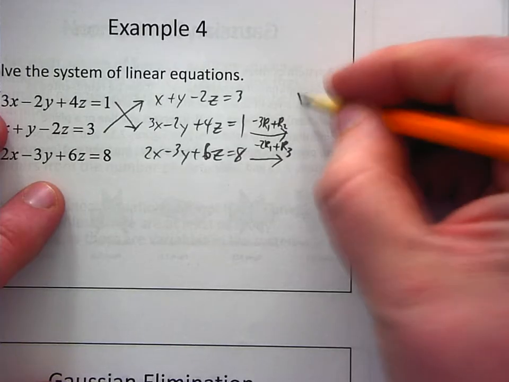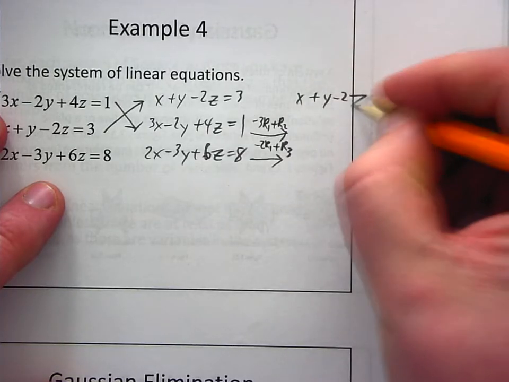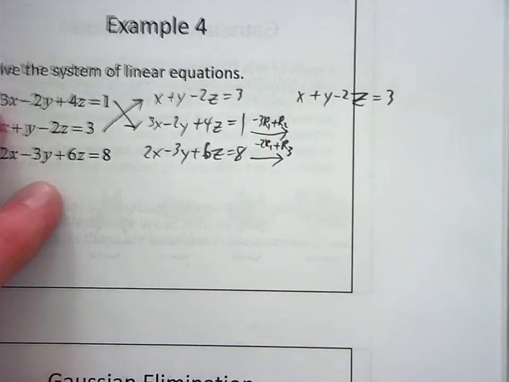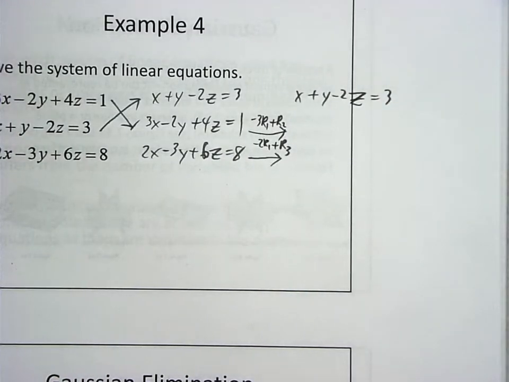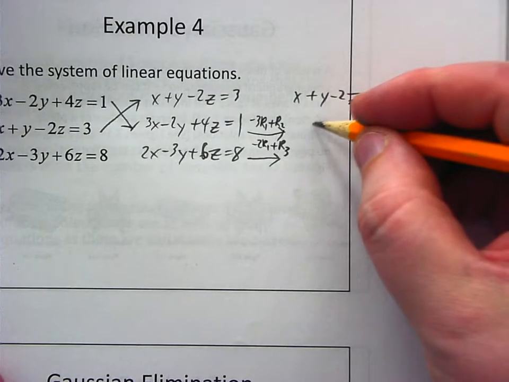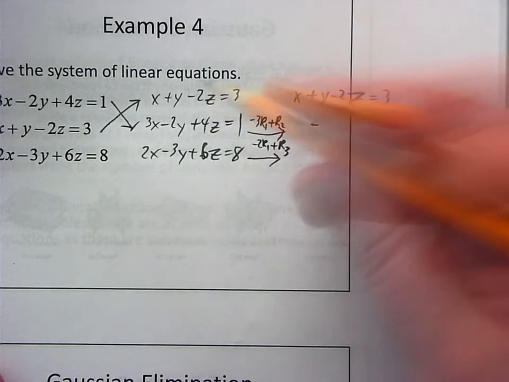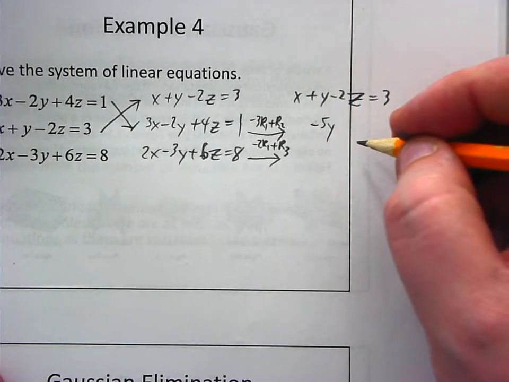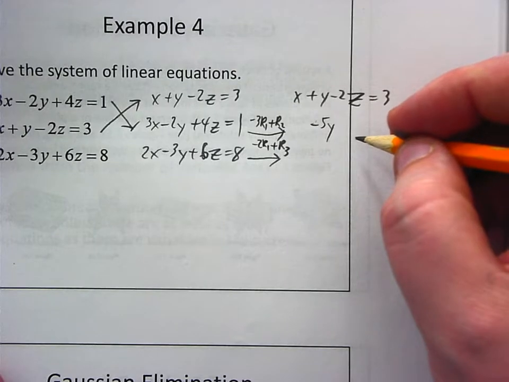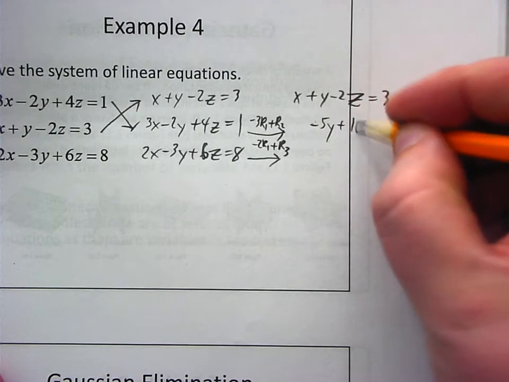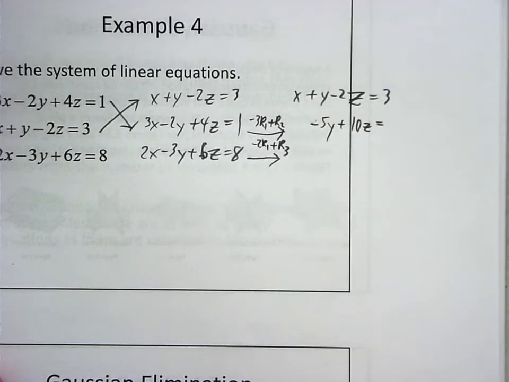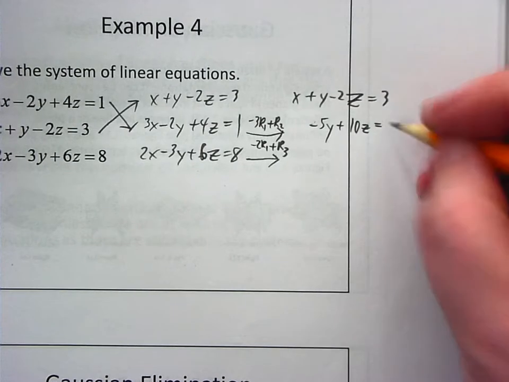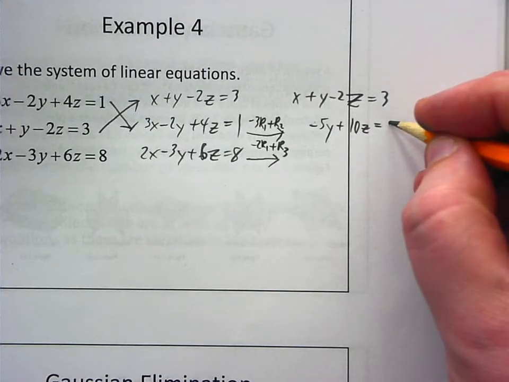Okay, so top equation remains the same. Second equation, x is gone. What are you going to get for y? Negative what? Yep, negative 3 plus negative 2 is negative 5y. Plus 10z is equal to what? Eight? Negative 8.